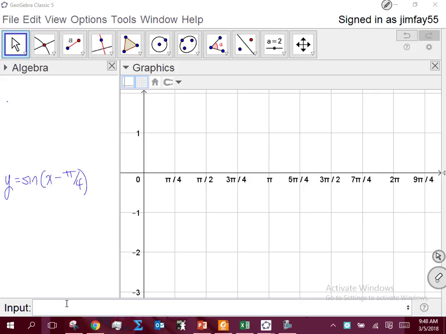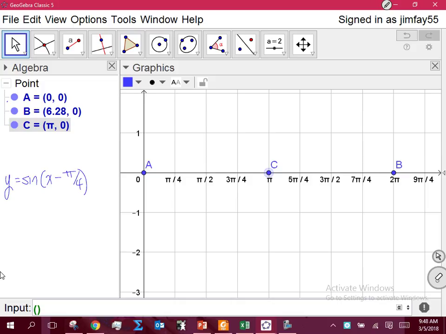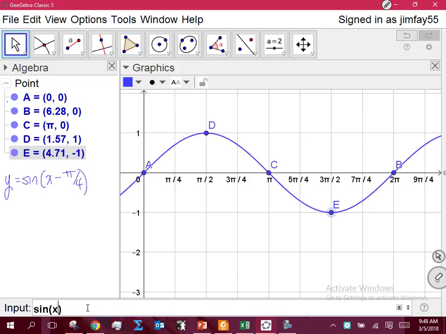Well, the first thing, guys, is to know these points. Those 5 points are going to be very important for you. So we're going to take the sine.